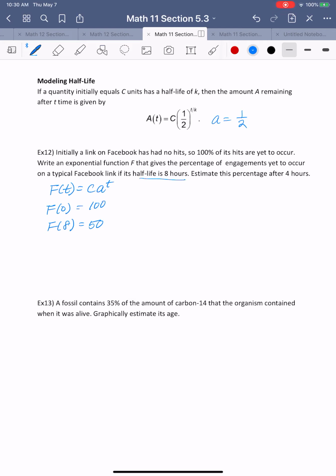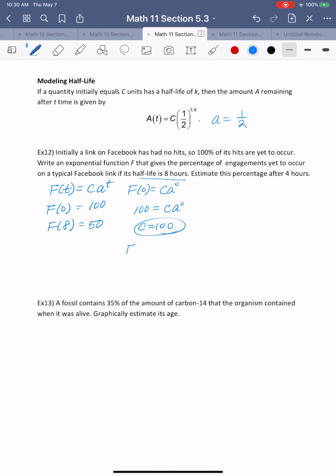So when you have the full percentage at hour 0 and about 8 hours later you have 50 percent. So f of 0 equals c times a to the 0, and f of 0 is 100. So a to the 0 is 1, right? So c is 100.